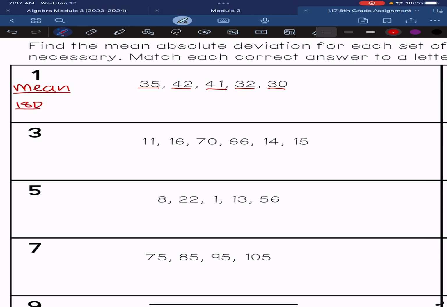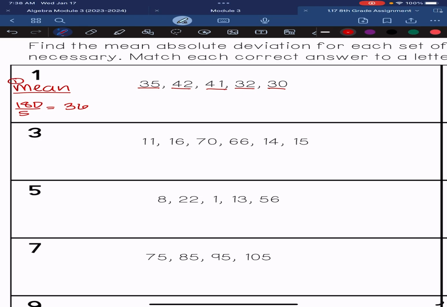And then I'm going to divide that by how many numbers there are. Well, there are 5 numbers here, so I'm going to divide 180 by 5. 180 divided by 5 gives me the mean of 36. So that means the average, or the mean, of all 5 of those numbers is 36.